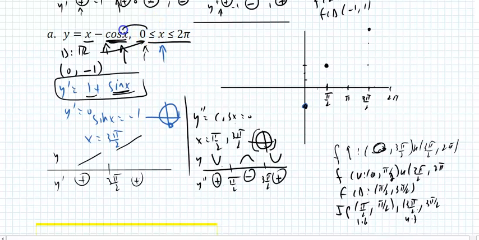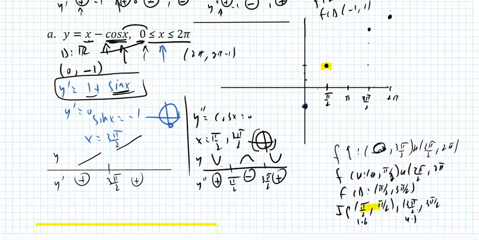And at 0, I am at negative 1. At 2 pi, I could even figure that out. That's 2 pi minus 1. So that would be 2 pi minus 1, which is about right there, let's say. So we have an inflection point right there, and another inflection point right there.